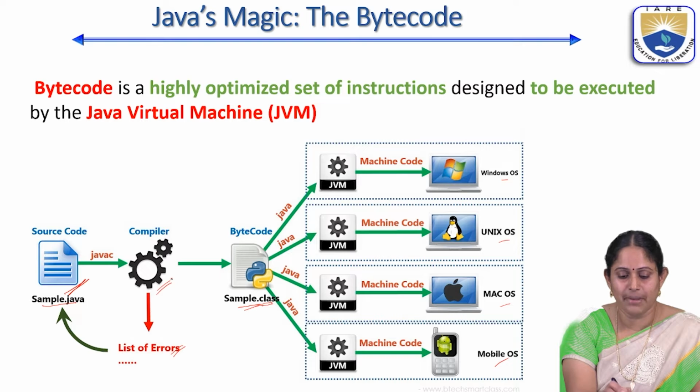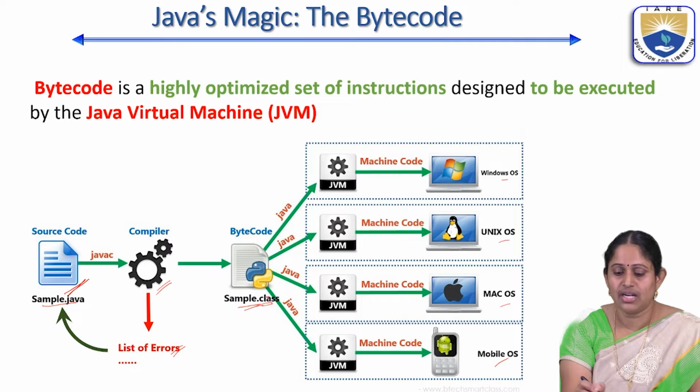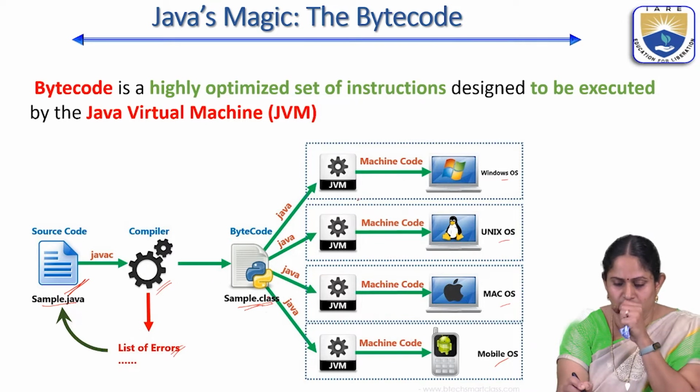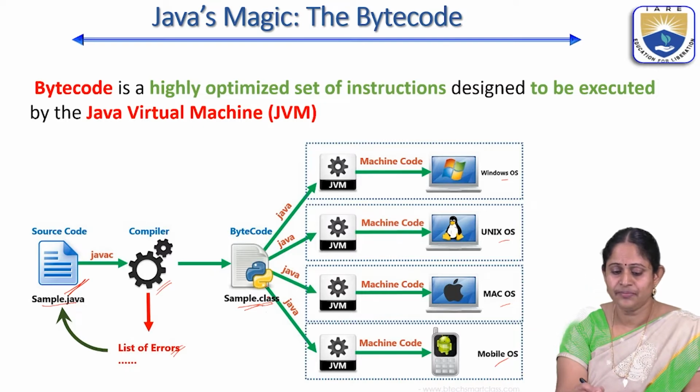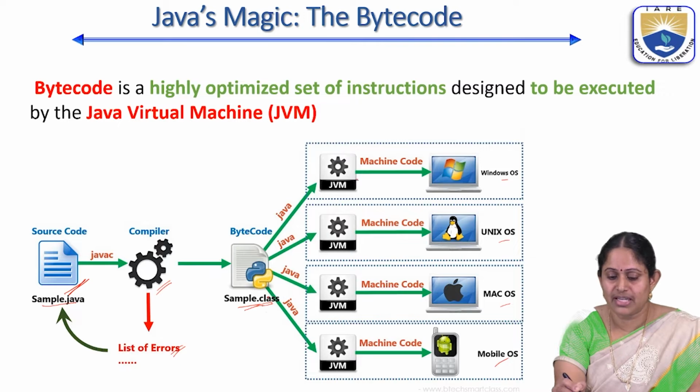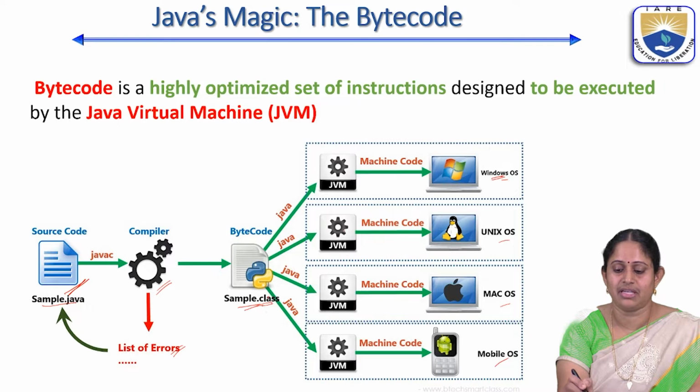So the Java compiler will initially convert the Java program into bytecode. Now this intermediate bytecode can be executed by various machines. Each machine will have a JDK, which has its JVM installed in it.